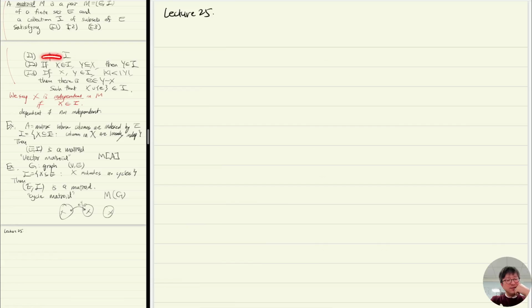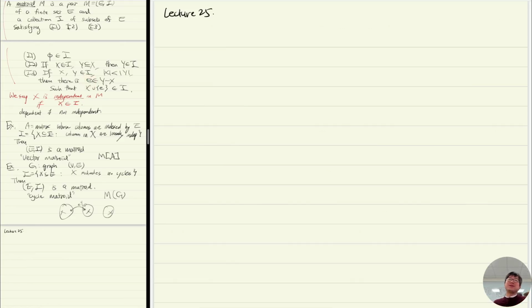The empty set is in I, and whenever you have something in I, then any subset is in I. And if you have two sets in I, and one has fewer elements than the other, then you can extend the smaller one by adding some element from the bigger one.